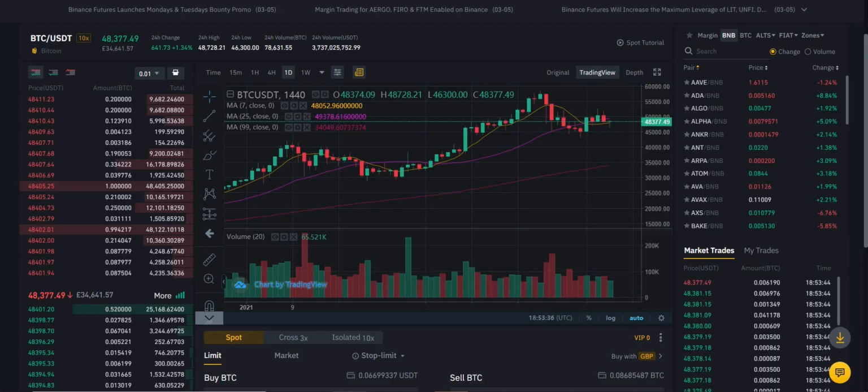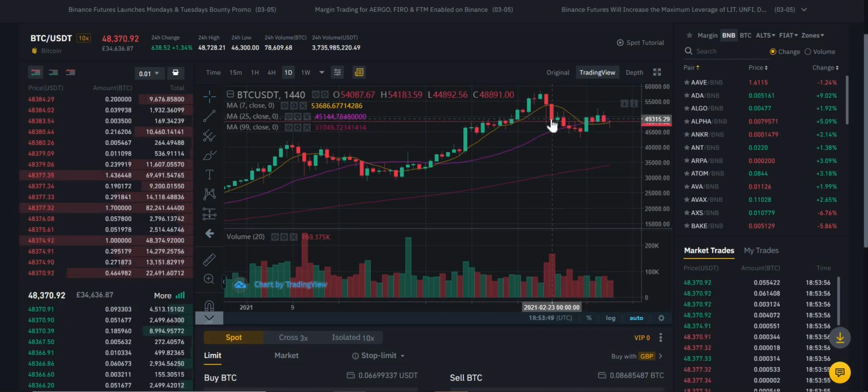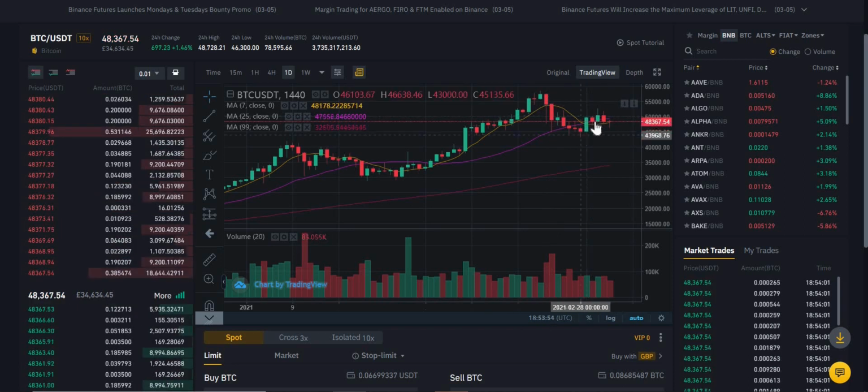If it is red, that shows that the close was lower than the open, and if it's green, that means that the close was higher than the open. So when the hour started, it was X, and when the hour ended, it was X plus 5, for example, and that would be a green one.